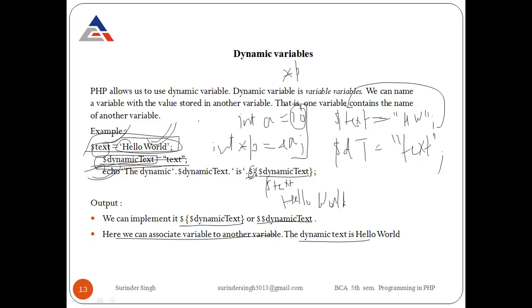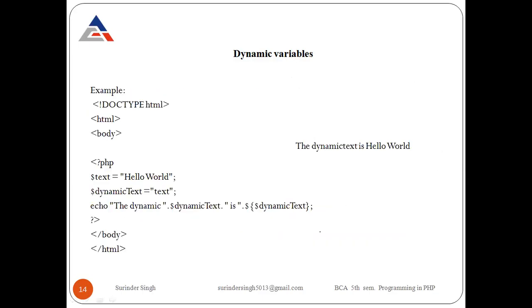Why is it called dynamic? Because at runtime it will create the reference to this value. Okay, dynamic text is here hello world. Here is the example.